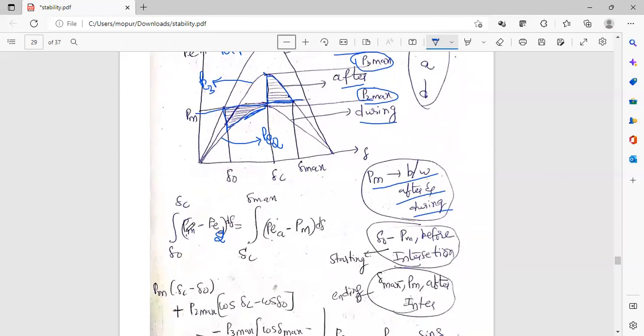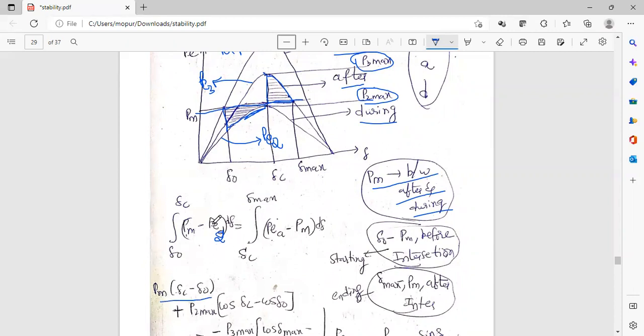Now PM, I am splitting it: integral delta naught to delta C of PM d delta minus integral delta naught to delta C of PE during d delta. Integral delta naught to delta C of PM d delta is PM into delta C minus delta naught.